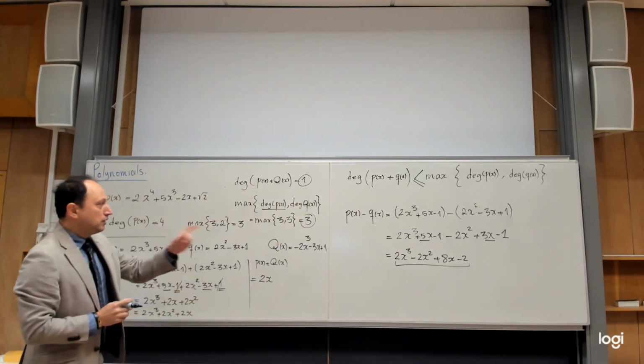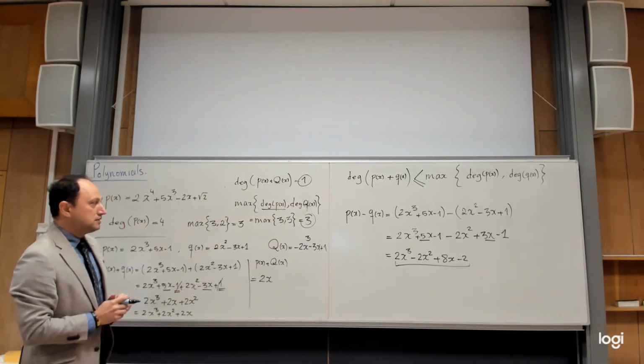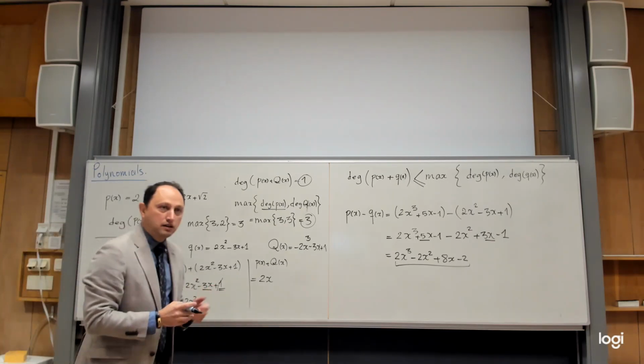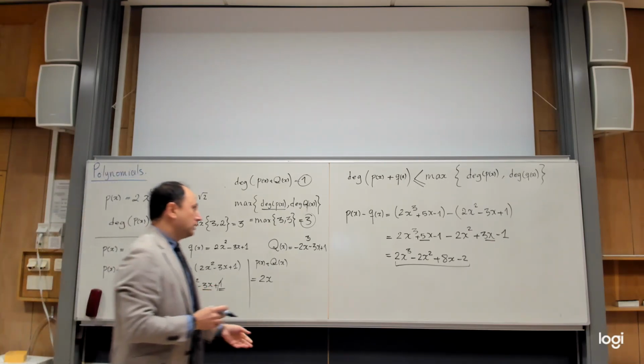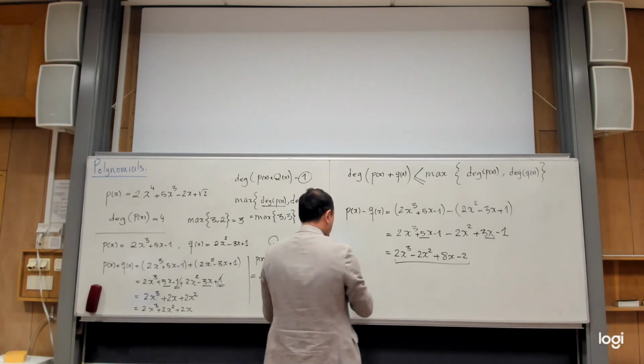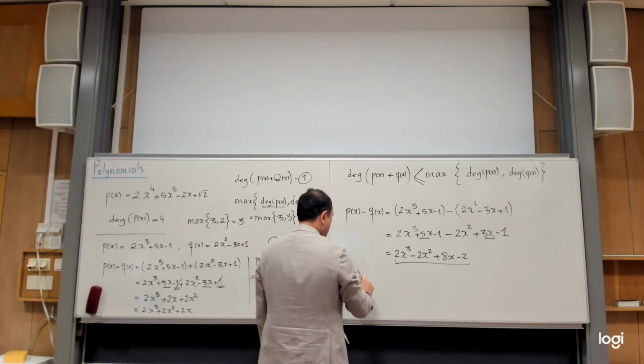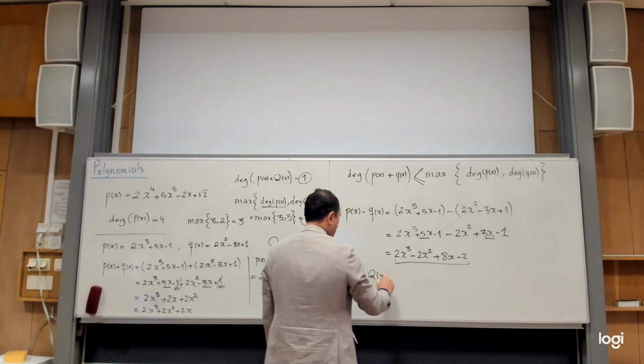Now if I ask you what is the degree of this resultant polynomial, it's again 3, yes? Okay, and then let me just calculate p of x and minus q of x.